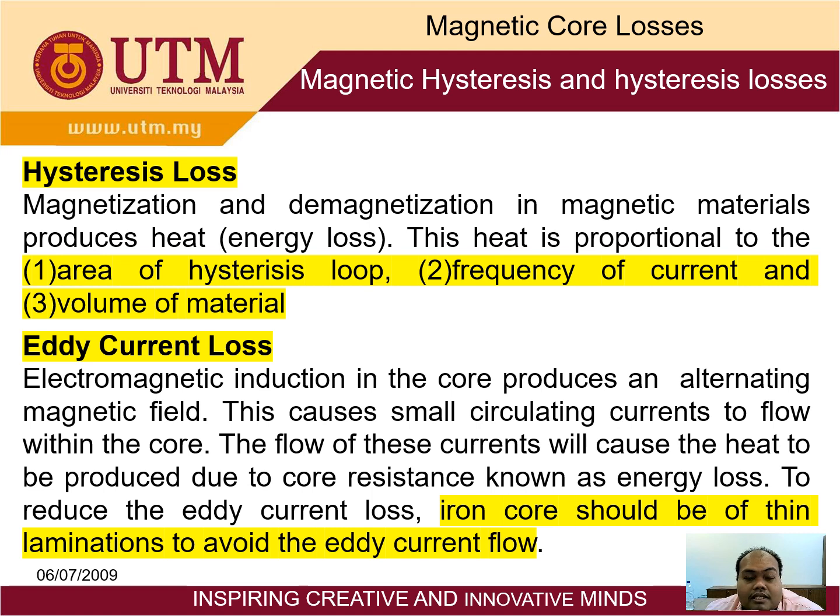The second loss is the eddy current loss. Eddy current loss is basically when you magnetize a core, there are small circulating currents inside the core. To remove the circulating current, you just laminate the core.